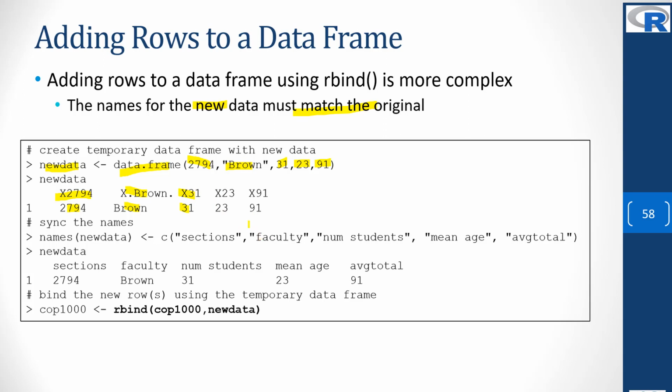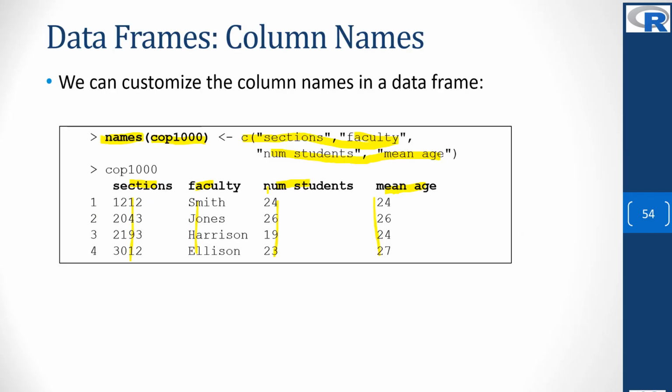So before we do the rbind to add this row to the data frame, let's set the names, and they need to be the same names as in the existing data frame. So we're adding the names, sections, faculty, num students, and these are the new names we gave the data frame back in slide 54 here.